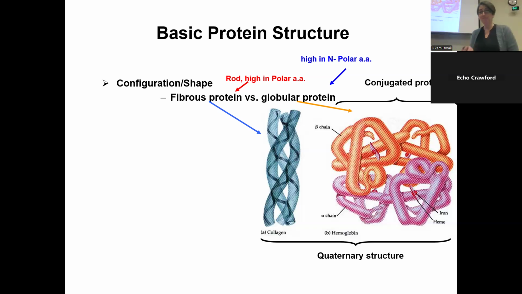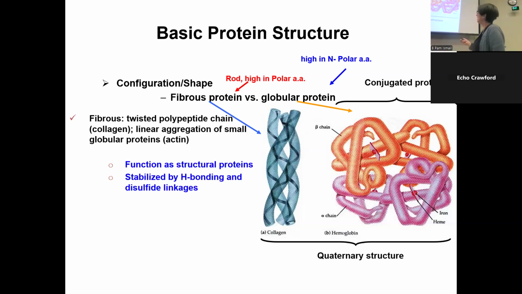Okay. So examples of quaternary structures other than casein and soy and other legume proteins: we have hemoglobin, which is made up of 4 polymers. And then this is collagen, which also has strands of individual proteins interacting via hydrogen bonding and potentially disulfide.